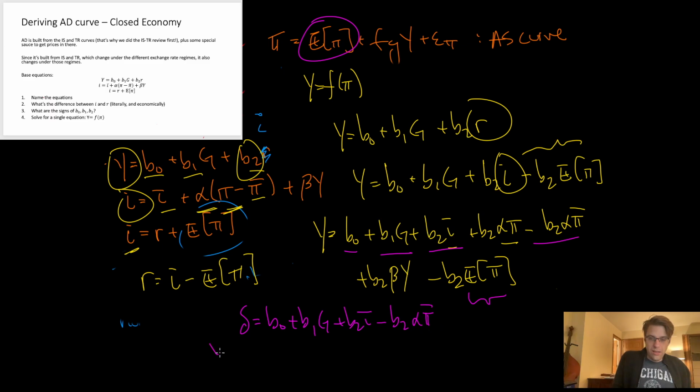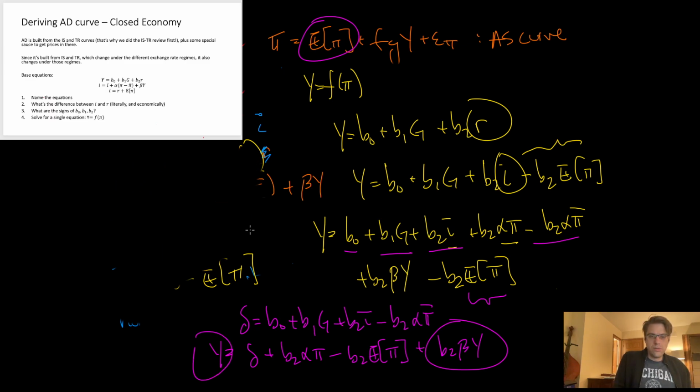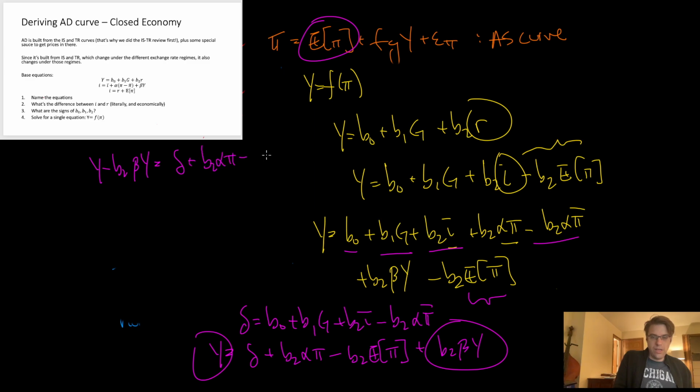Okay, and then our y becomes y is equal to delta plus b2 alpha pi minus b2 expectation of pi plus b2 beta y. Okay, and so we have a y over here and we have a y over here. We need to gather them up and make some space. So bring it to the left, right? So y minus b2 beta y is equal to delta plus b2 alpha pi minus b2 expectation of pi.